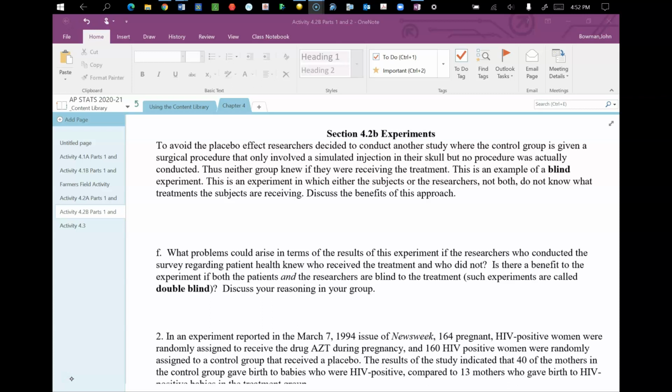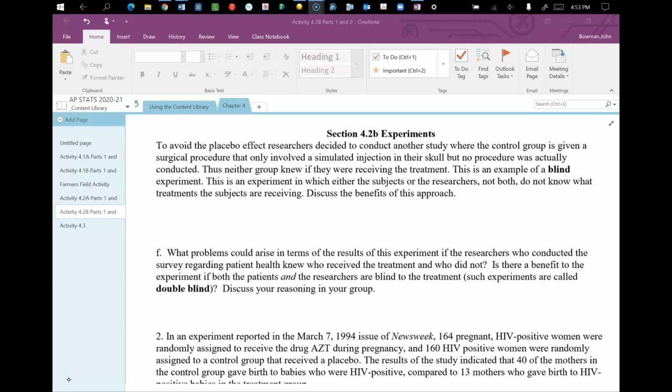So a blind experiment could be either group: either the subjects or the people performing the experiment don't know what treatments the subjects are getting. A double-blind experiment means neither group, neither the subjects nor the people performing the experiment, know which treatments the subjects are receiving. So what are the benefits of the blind experiment?